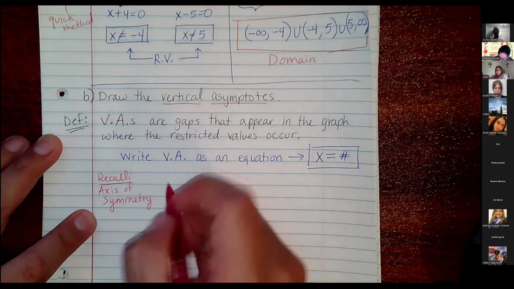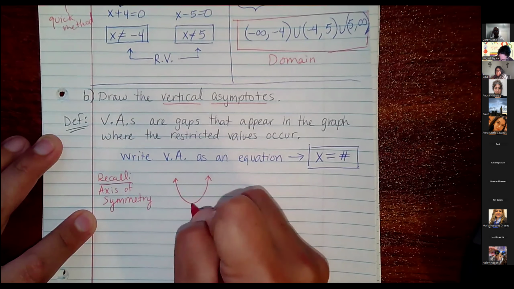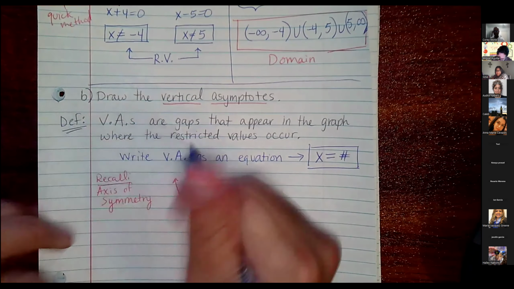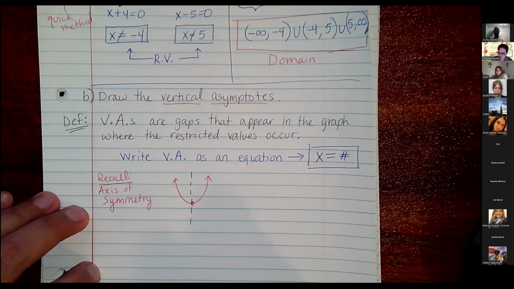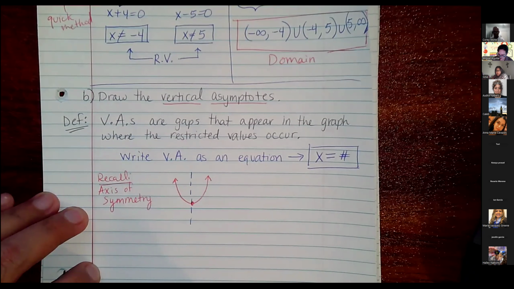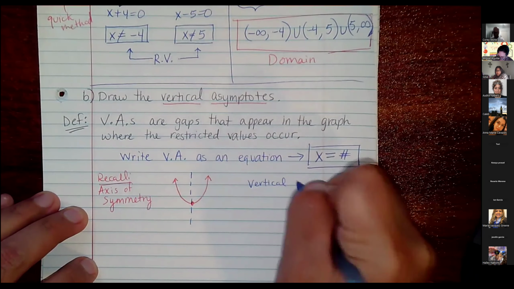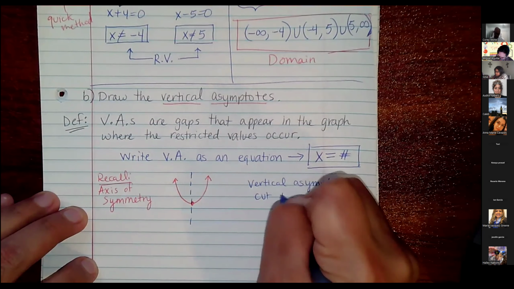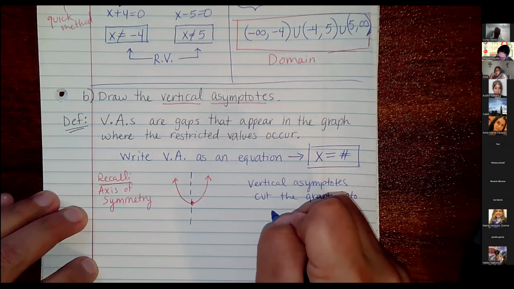Okay, so for the axis of symmetry, when we had like a parabola or a quadratic function, we said, okay, the vertex is in the middle of the graph, and then we just said the axis of symmetry is kind of like this imaginary line that we project onto the function, and it's a vertical line that cuts the function in half. Okay, well, similar to that, the vertical asymptotes will cut the graph into sections.